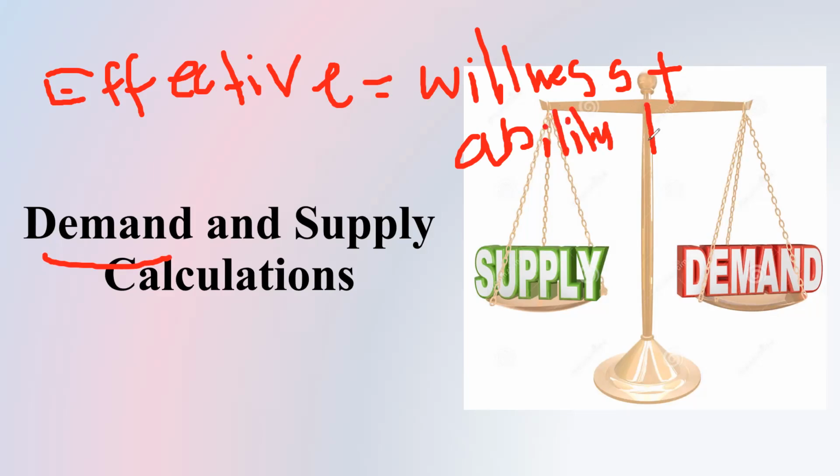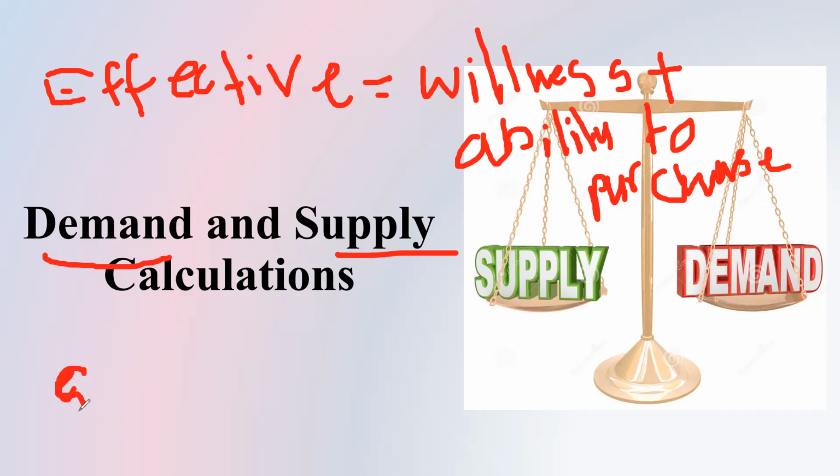That we can identify as effective demand. Likewise for effective supply also, there are two things that we have to meet. To be effective supply also, there should be willingness.